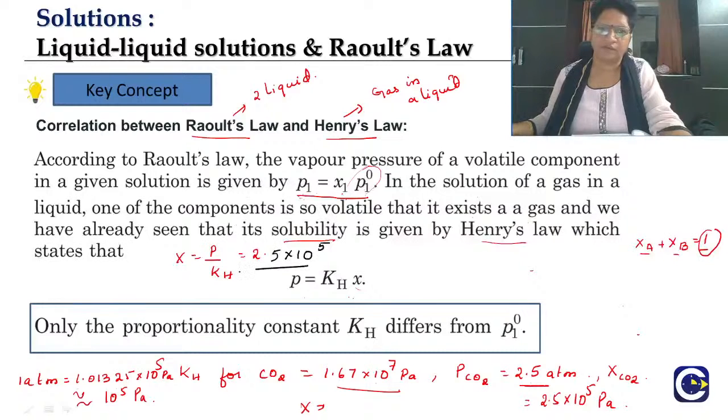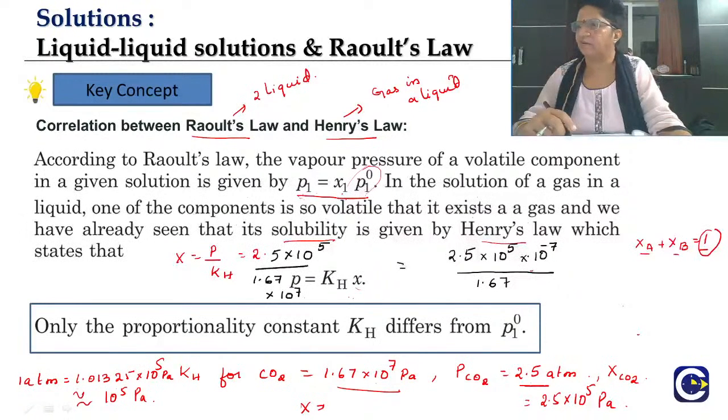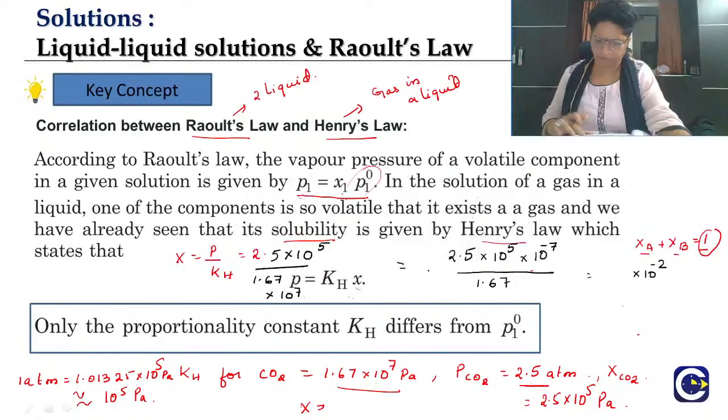This is also in pascals. KH is 1.67 into 10 power 7. So 10 power 7 in the denominator becomes 10 power -7. So 2.5 into 10 power 5 into 10 power -7 by 1.67. Plus 5 minus 7 gives -2, so 10 power -2. 2.5 by 1.67.